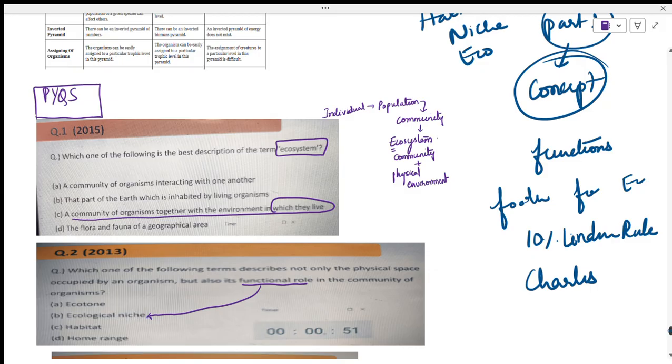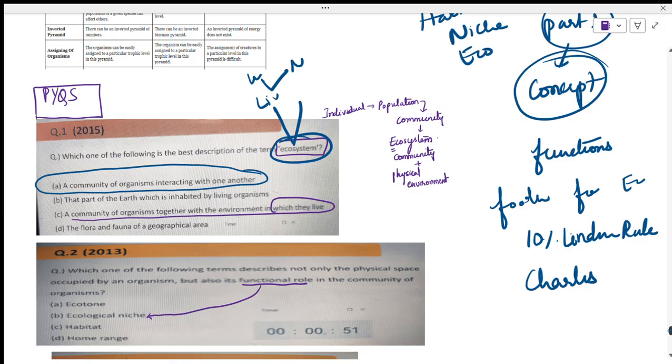Okay, so we'll see some of the PYQs. Which of the terms will be best describing the ecosystem? Ecosystem where living organisms interact with living and non-living components. A community of organisms interacting with one another. The part of Earth which is inhabited by living organisms is called biosphere. Right. The part of the Earth where life is possible.